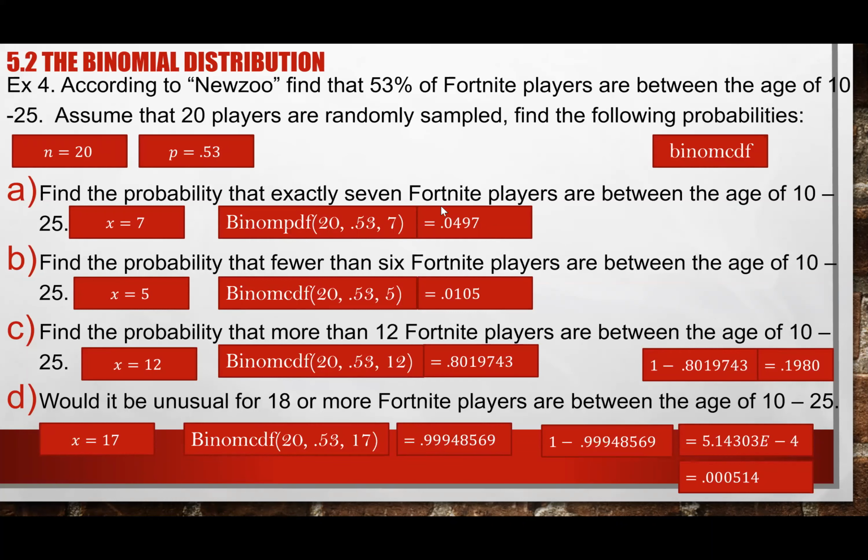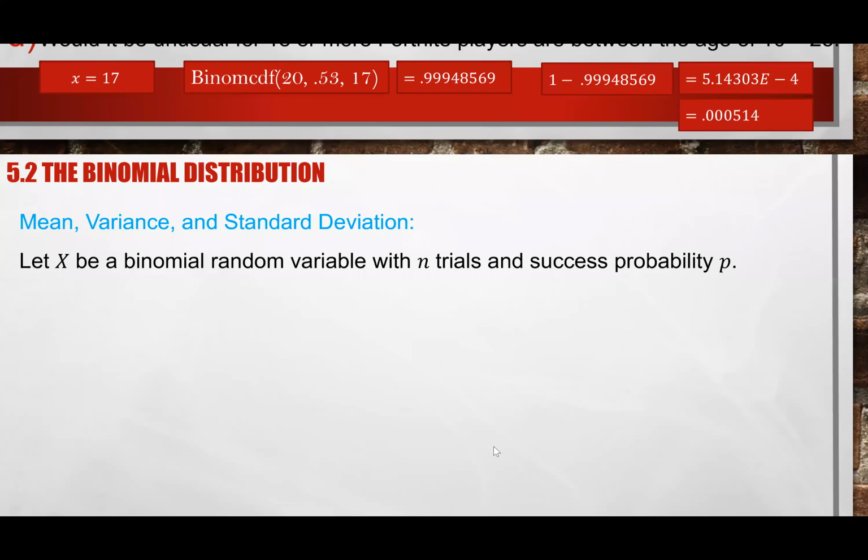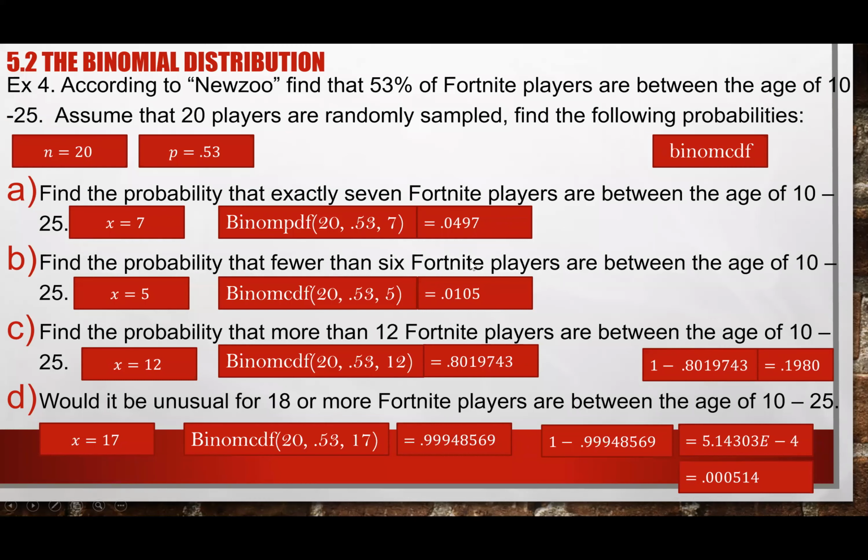Even up here, going back to A, 0.0497 is less than 0.05, so this is unusual. This is also unusual, right? 0.01 is less than 0.05. This one is 19%, so this is usual, okay? That's the idea of unusual here: if it's less than 0.05, it is unusual, okay?